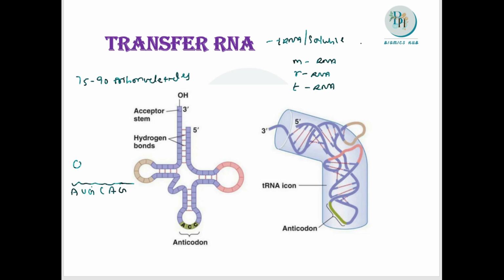This mRNA is coding a specific sequence of amino acids. So this amino acid will come first, then the next amino acid comes, and these two amino acids form a bond known as a peptide bond. In this way multiple amino acids come together to form the protein.